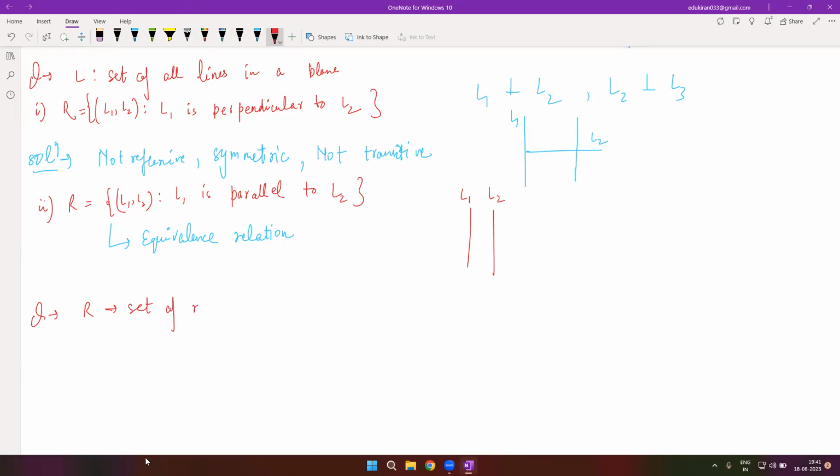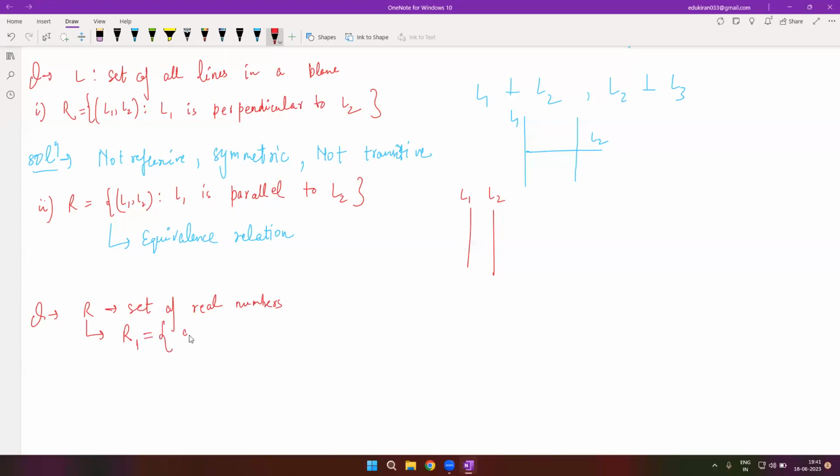So, all real numbers, and we are forming a relation on this set R, which is another, let's name this relation as R1.